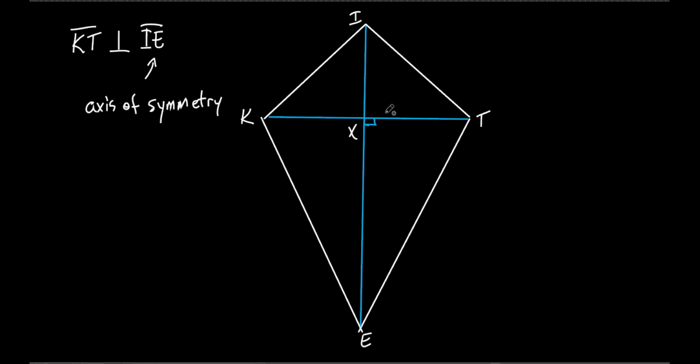So the axis of symmetry, it just means it's a line that divides it basically symmetrically, right? So it's the same on one side as it is on the other side. Would KT be an axis of symmetry? No, because look, KT doesn't divide it, like this triangle right here and this triangle down here, definitely not equal to each other, agreed? On a kite. But this would be my axis of symmetry because it divides it so it's symmetric.